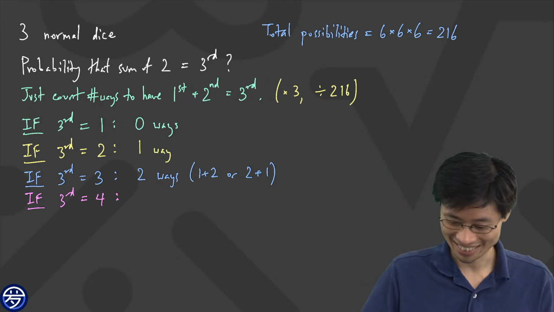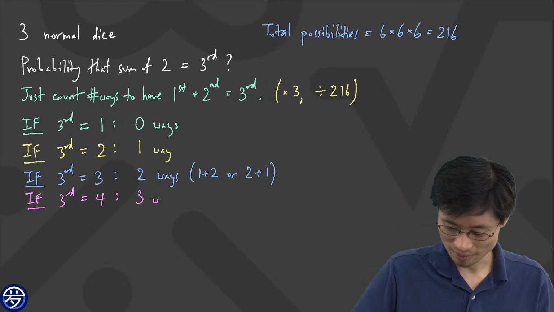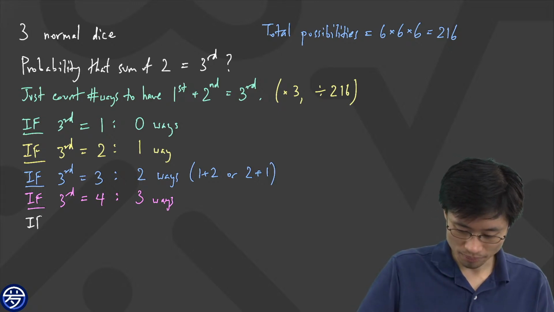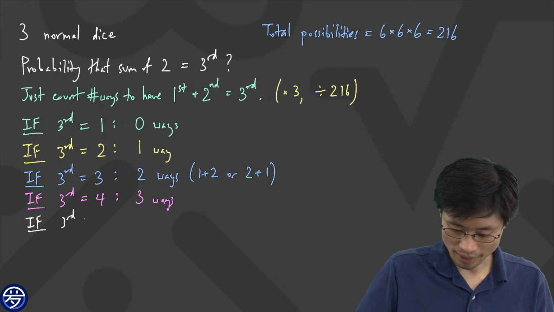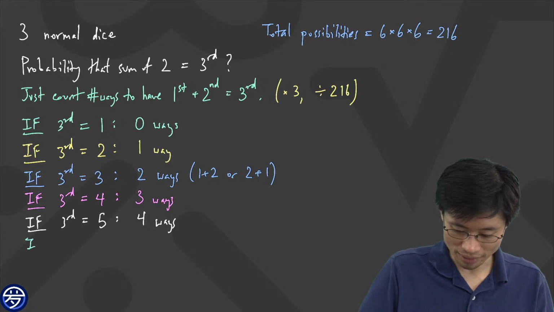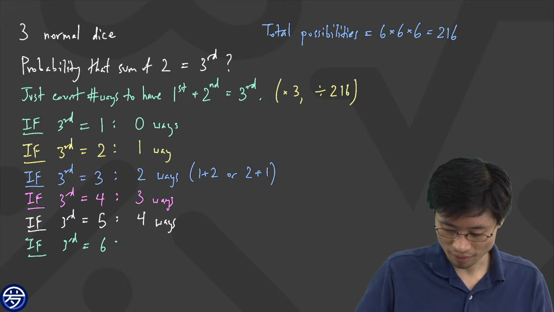Right, so 3 ways. I just have to add stuff now. If the third is equal to 5, 4 ways. And finishing all the way back around, if the third is equal to 6, 5 ways.